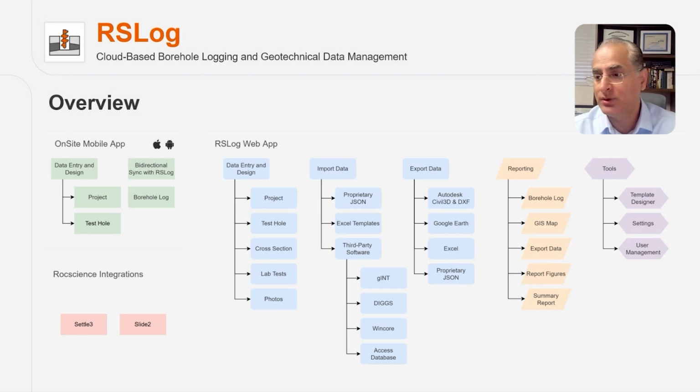And then tools, obviously, to design your borehole log templates, and user management is completely done in RSLog, so you don't need to ask us to add a user or remove a user. You can do it easily yourself.